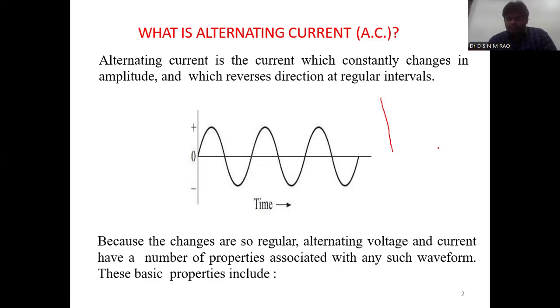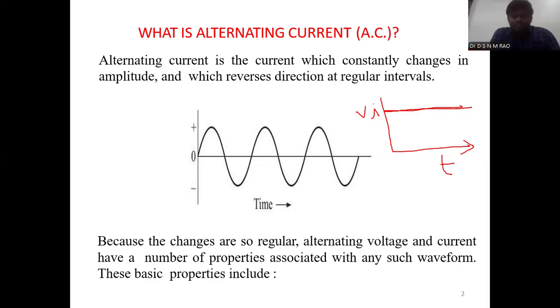Here we can observe the DC current. The X-axis is taken as time, the Y-axis is taken as either voltage or current. DC current consistently flows in only one direction, whereas AC current constantly changes its magnitude and reverses the direction at regular intervals of time.